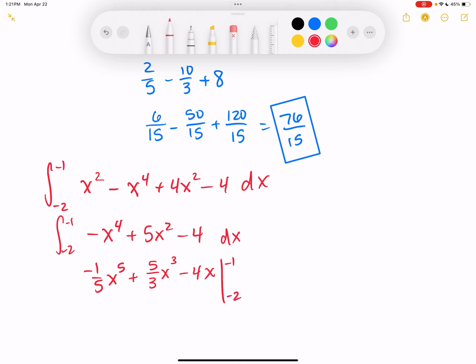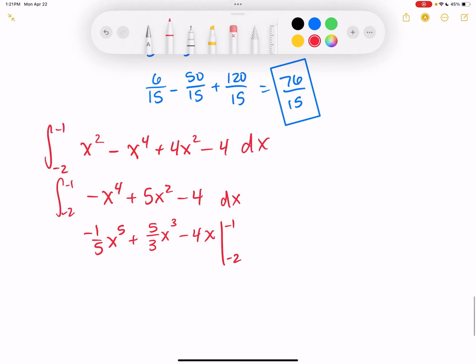Plugging in -1, I'm going to get positive 1/5 minus 5/3 plus 4, minus, I'm going to bracket this off, a positive 32/5 minus 40/3 plus 8.